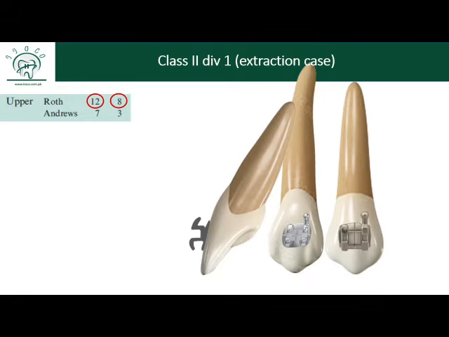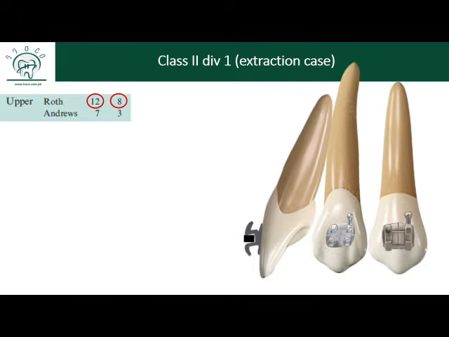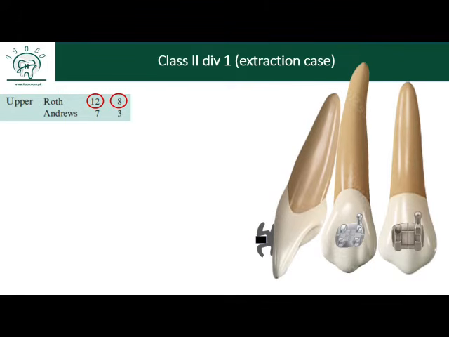He extracted upper fours and started to retract the incisors back. But the thing he noticed was that even the heaviest wire could not stop the retroclination of the upper incisors while retraction. And the reason was play in the bracket slot.